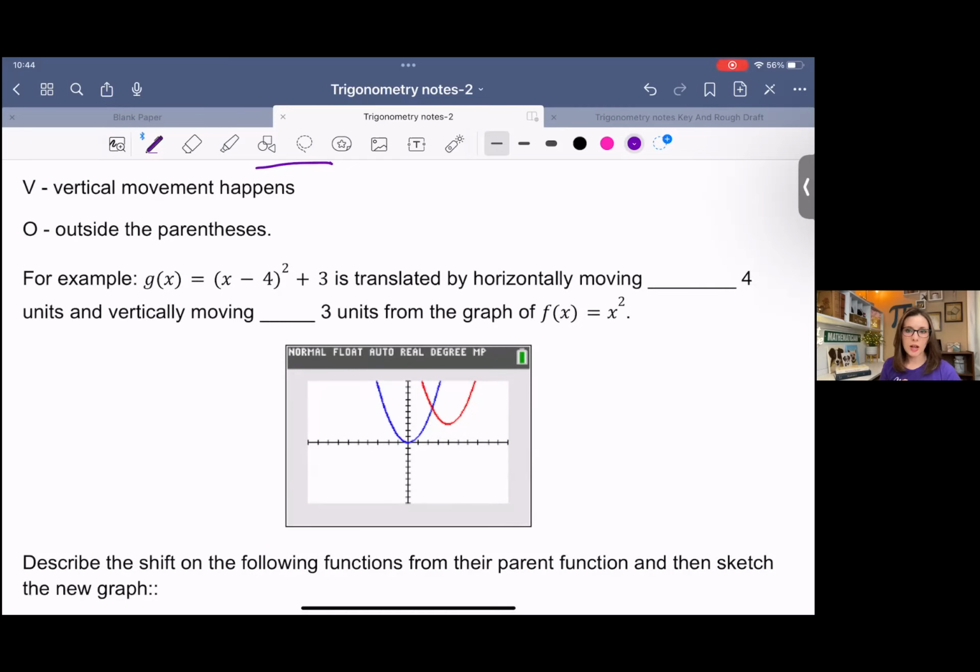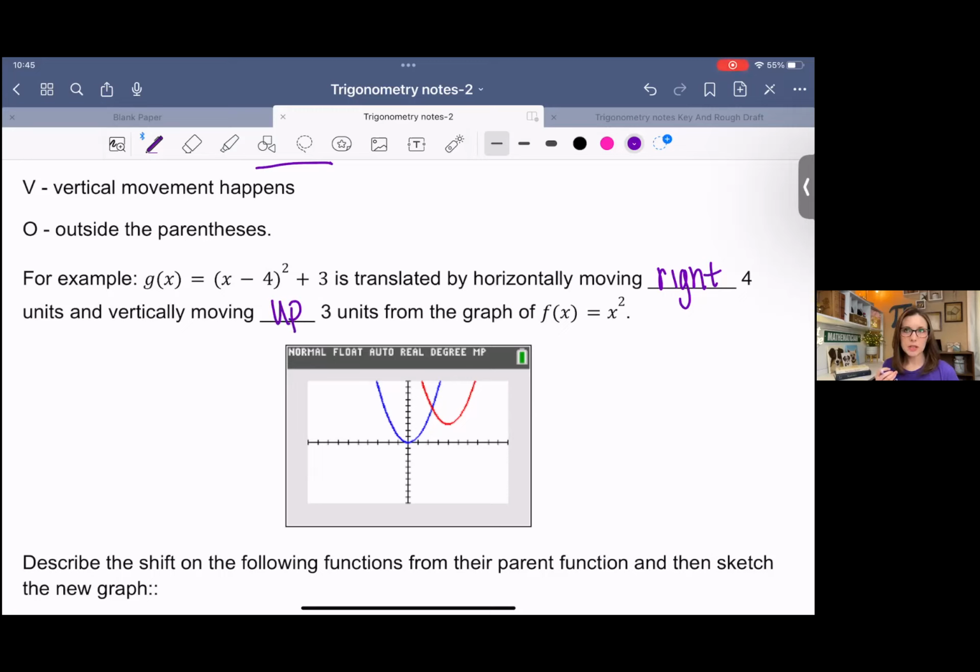If we know what x squared looks like, which we do, the parent function of x squared is just a u-shaped graph, then we can transform that function by using this new function and knowing that horizontally this function moves to the right 4 and then up 3.